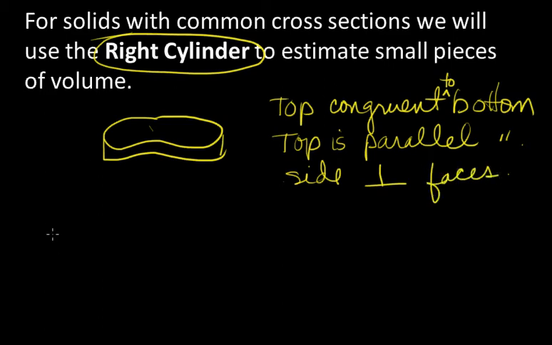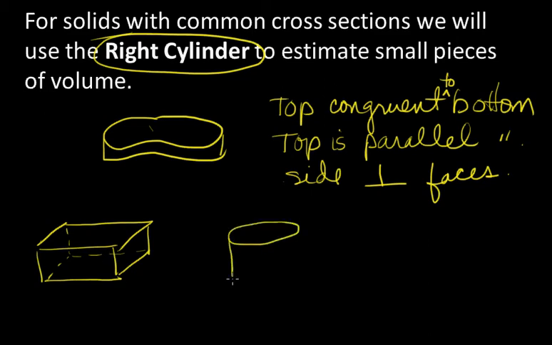So an example would be a rectangular box. That's a right cylinder. Or a right circular cylinder, like a can. These are examples. Here it's length times width times height, which is the volume.